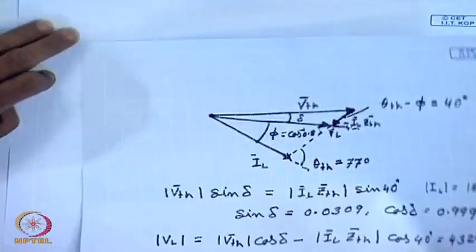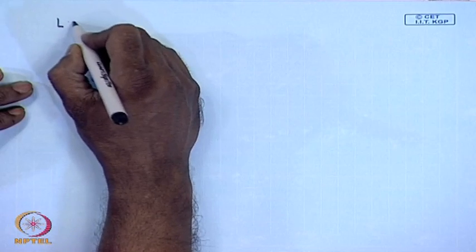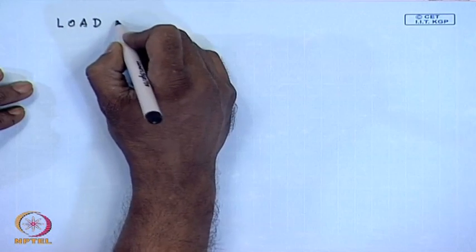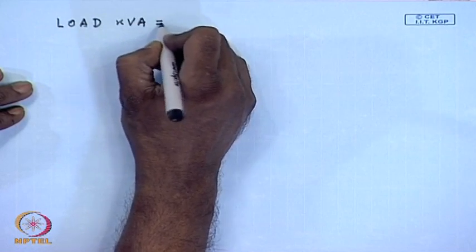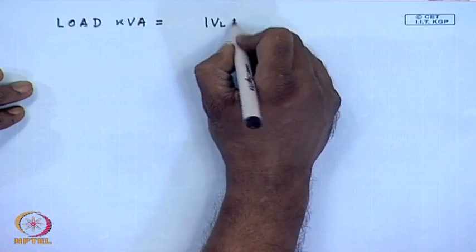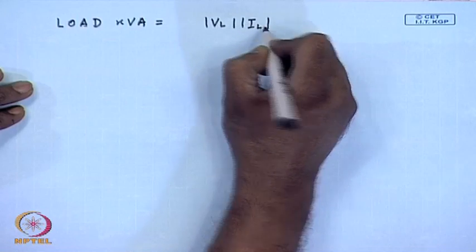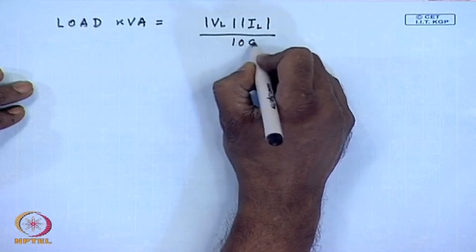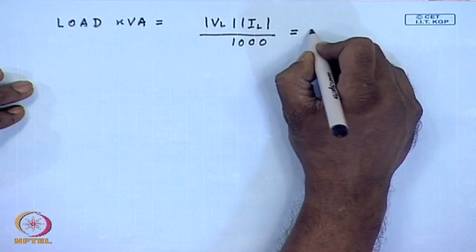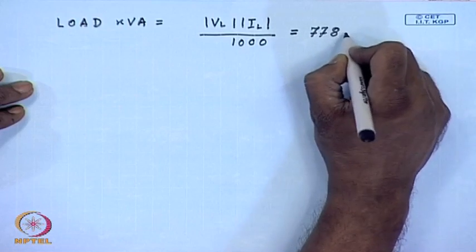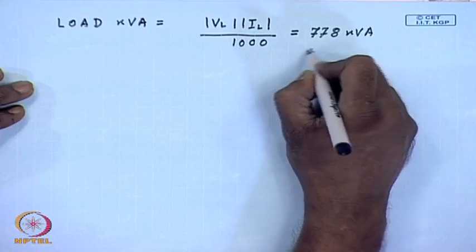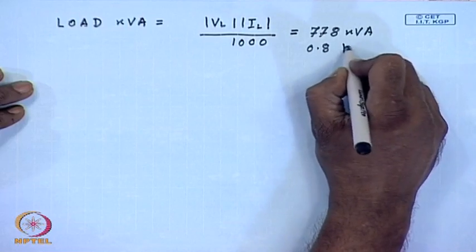Therefore, load kVA will be magnitude of the load kVA equal to mod VL mod IL by 1000. So, this comes to 778 kVA at 0.8 PF lag.